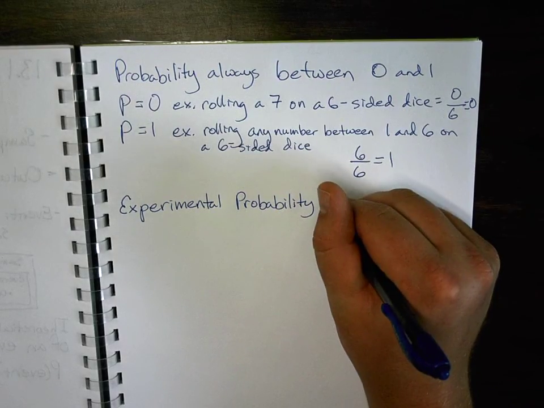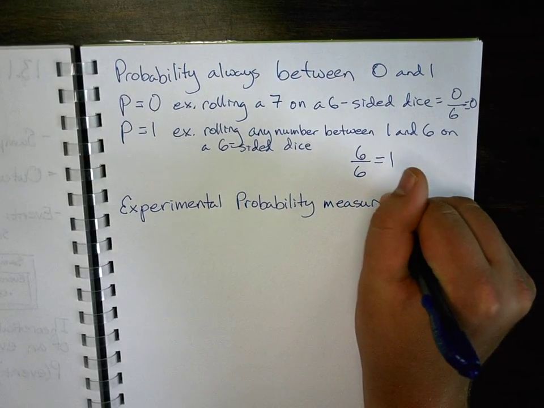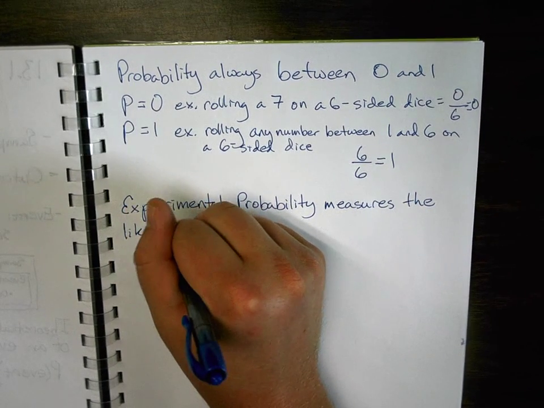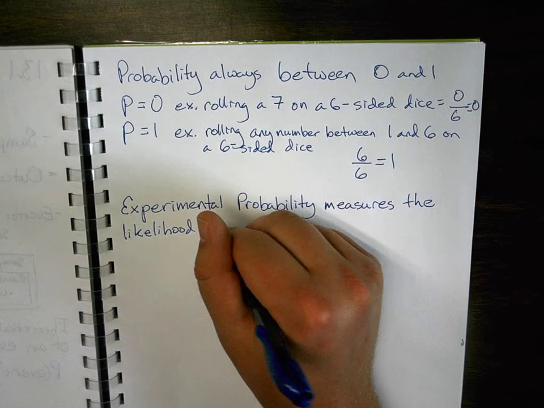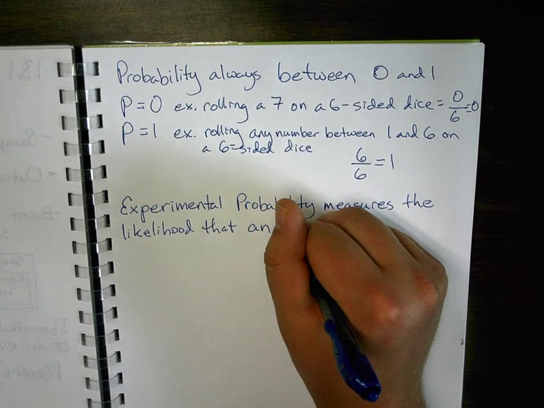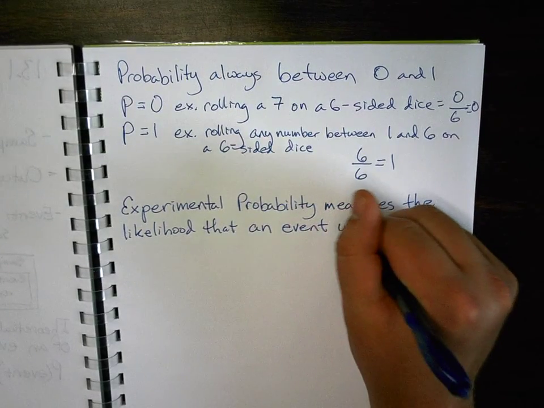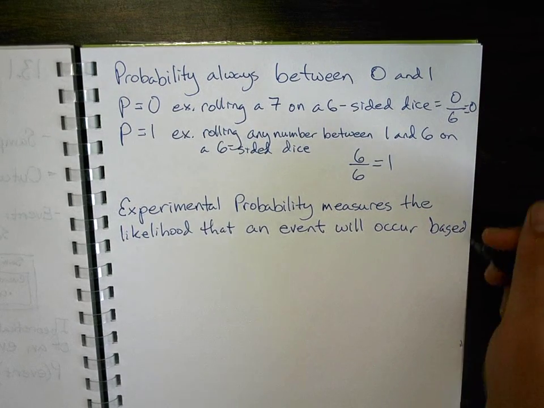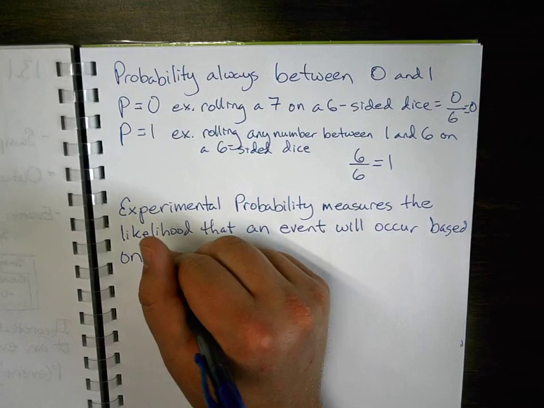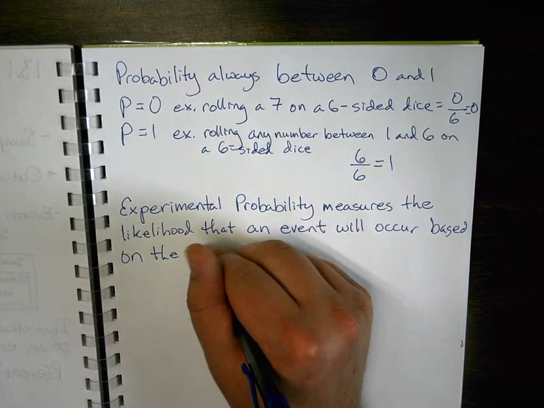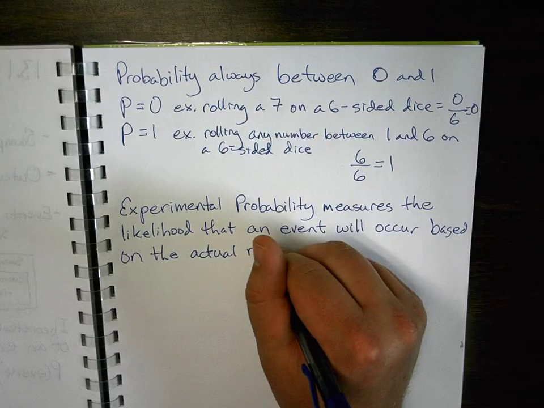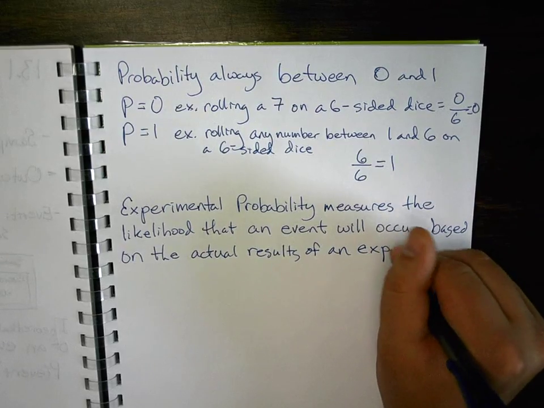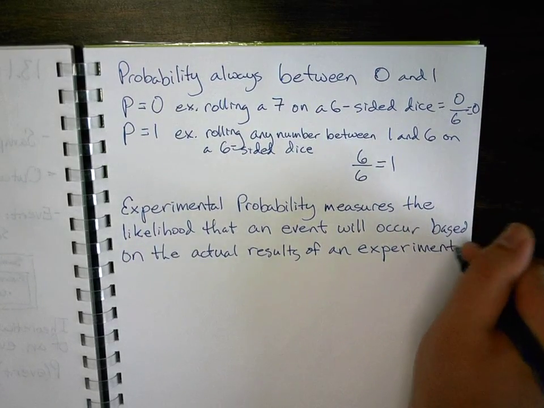An experimental probability measures the likelihood, or how probable it is, that an event will occur based on the actual results of an experiment.